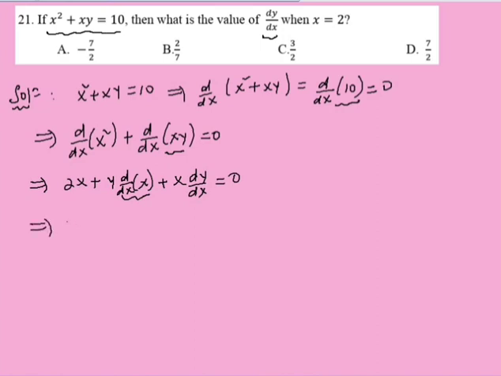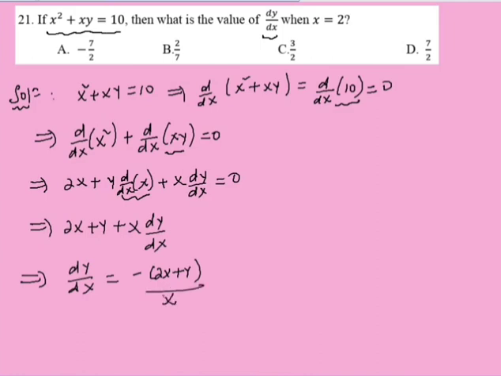So it becomes 2x plus y plus x times dy by dx. So this can be written as dy by dx is equal to minus 2x plus y over x. This is dy by dx in terms of x and y.